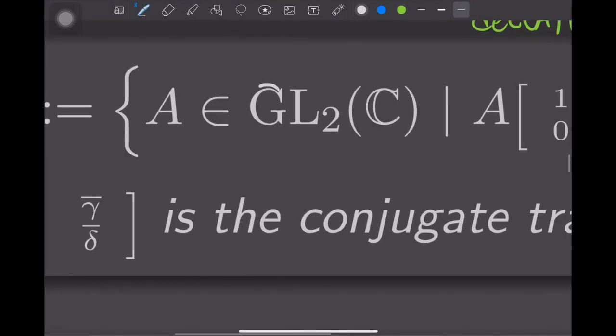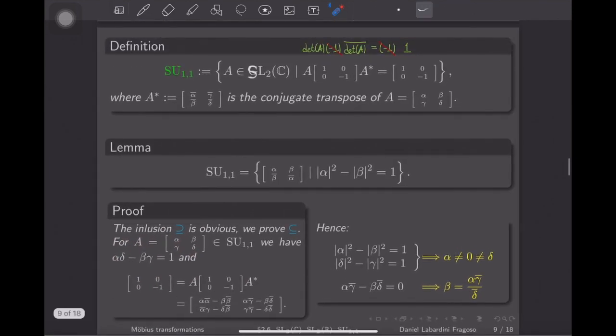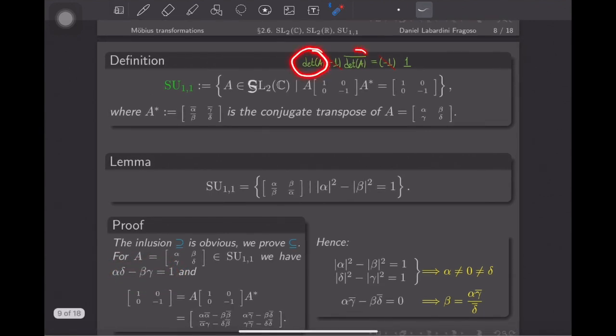I should just restrict my attention to those of determinant 1, because otherwise I get stuck here, right? Yeah, so I really define SU11, restricting the attention to SL2C. Okay, well, in that case, then this is actually obvious, right? And then I don't have this problem of not being able to deduce that the determinant is 1.